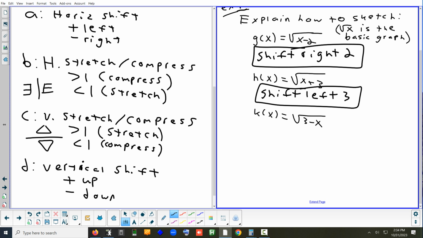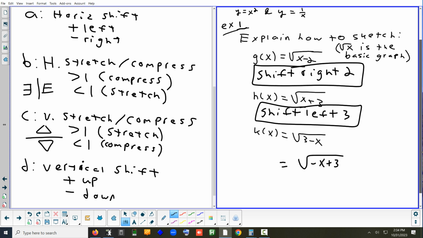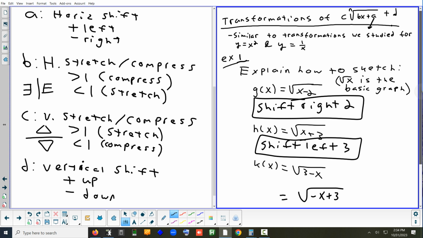Now, this one isn't quite written the way we normally would write it. What's backwards about the 3 minus x? Reflection over an axis. And how should we normally write this? It should be negative x plus 3. Right, you should think of it as negative x plus 3. And you follow the order that I wrote the letters.